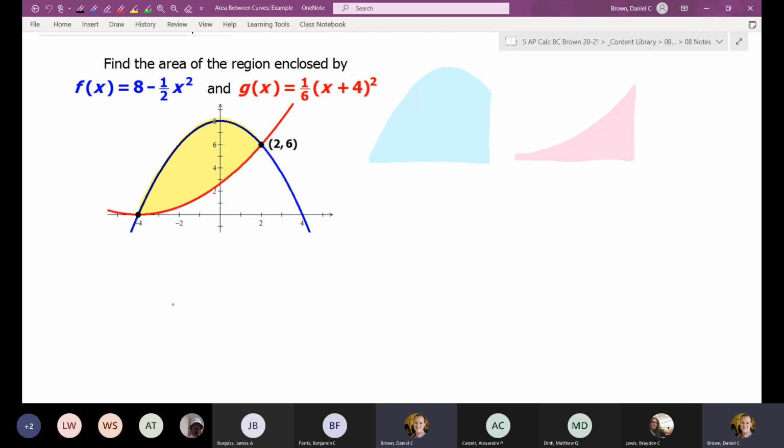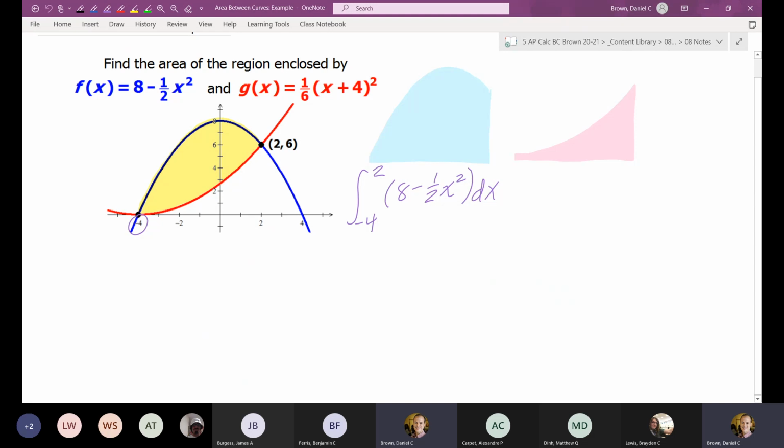So again, this is basically from Unit 5, when we first learned that the definite integral was the net area under the curve. This integral is starting at -4, ending at 2. This larger one was the blue one, so that was the integral of 8 minus 1/2 of x squared dx.